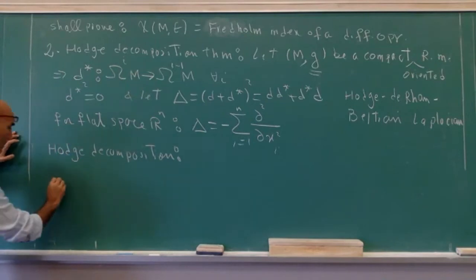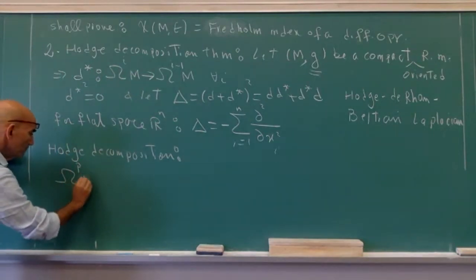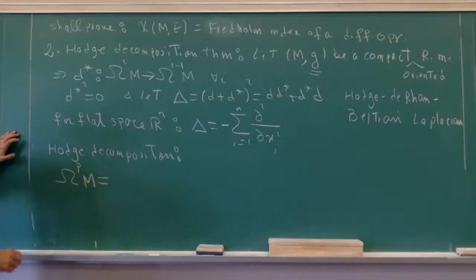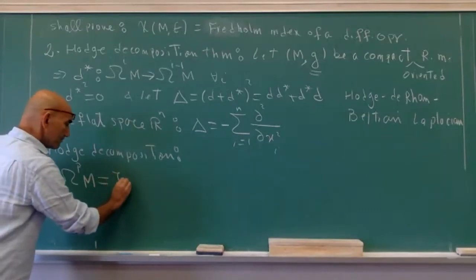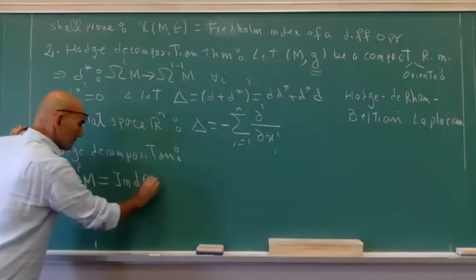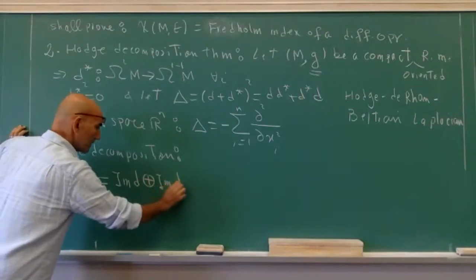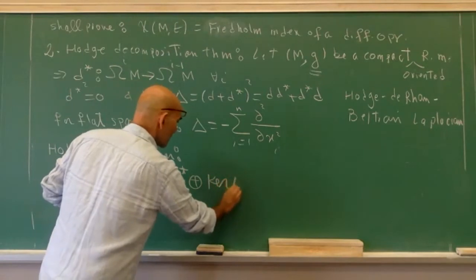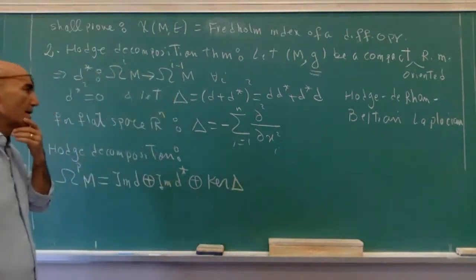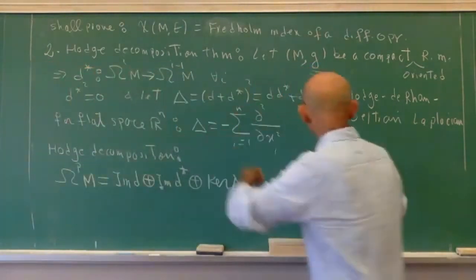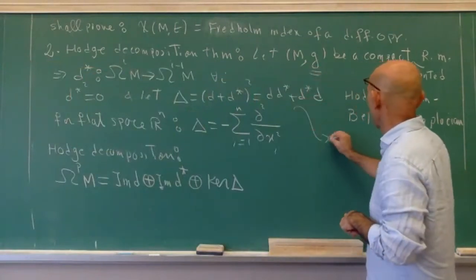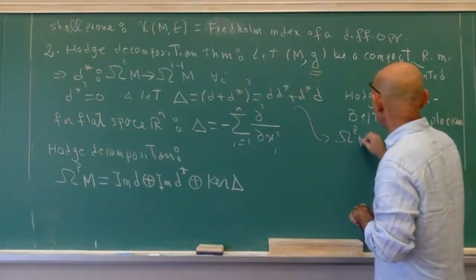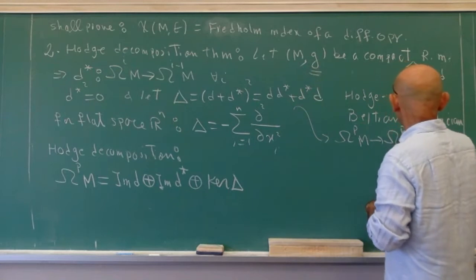So we can write Omega^p(M) as image of d, direct sum image of d star, direct sum kernel of delta. Notice that this delta goes from Omega^p(M) to Omega^p(M), right?